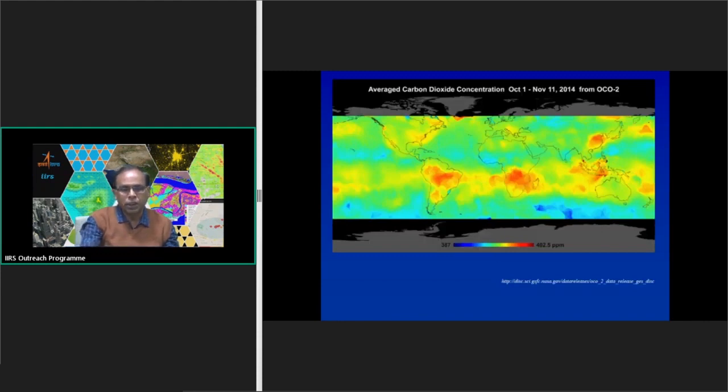And this is the carbon dioxide concentration of the globe, which is observed by the Orbiting Carbon Observatory 2 satellite, giving you the atmospheric carbon dioxide concentration.